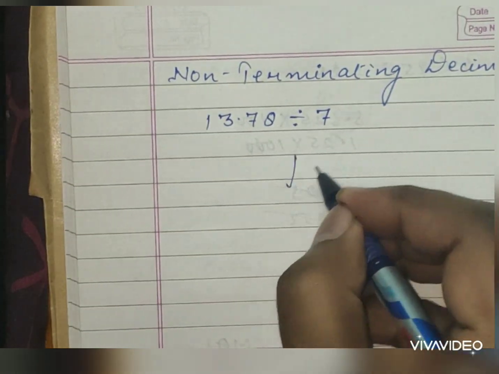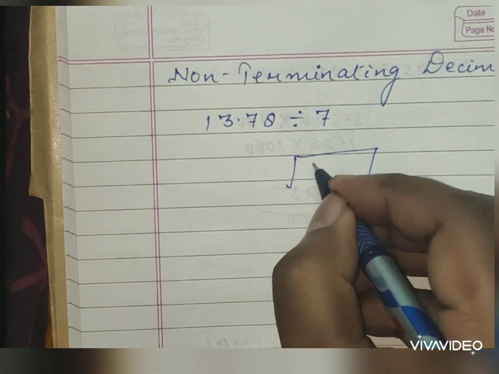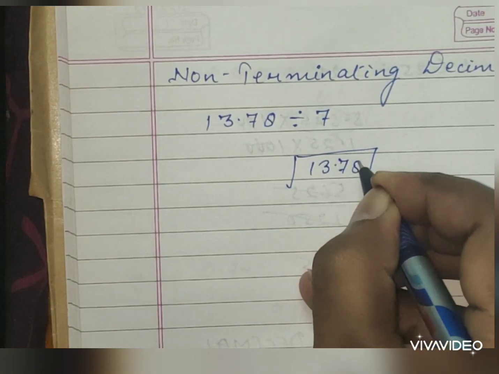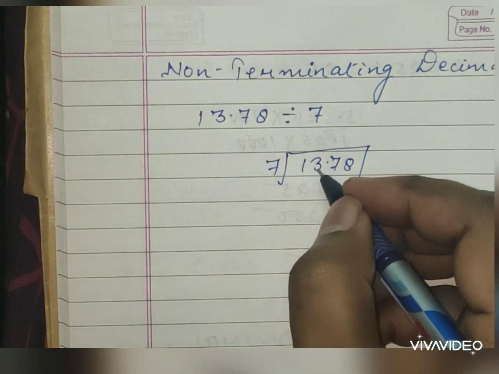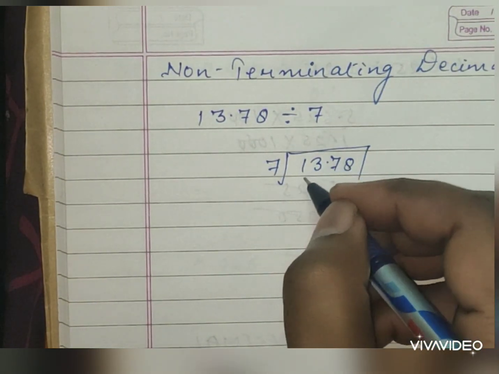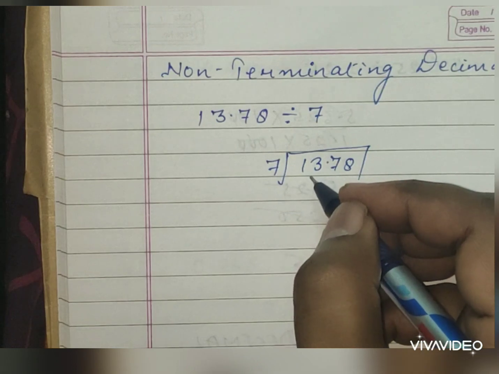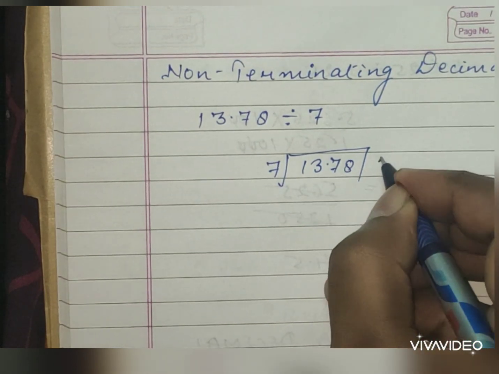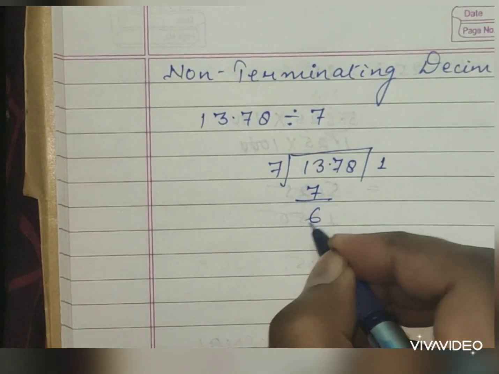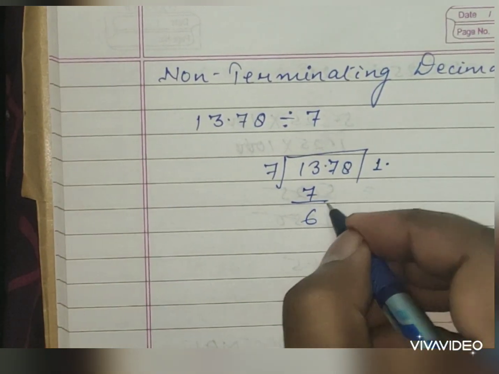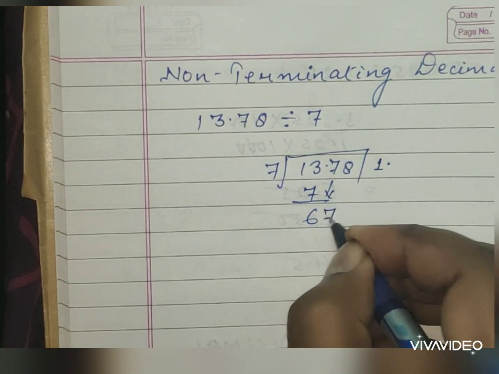Okay, so again with a very simple step, start dividing it. So 7 ones are 7, 7 twos are 14, so 14 will not be taken because 14 is bigger, so 7 ones are 7. Then 6 will be left, put the decimal sign and 7 will come down.